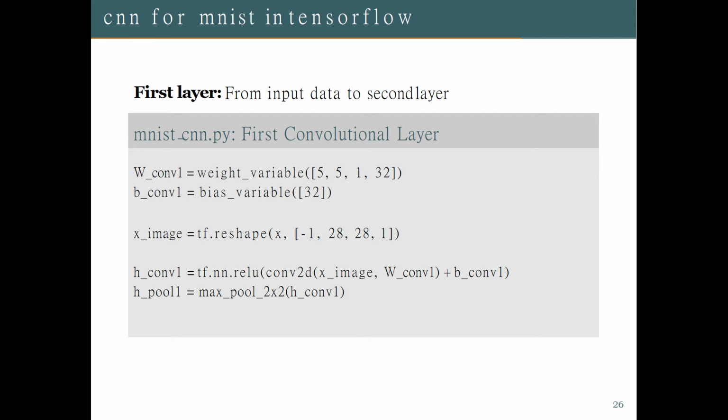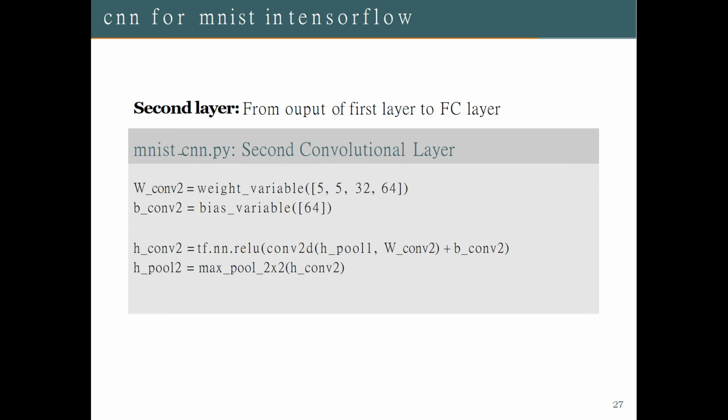So we will reshape the input image and then call tf.nn.relu, which is the rectified linear unit activation function, and call conv2d on the input image convolved with the weight and adding the bias to it. Then we will have h_pool1 equal to max pool 2 by 2 applied to h_conv1.